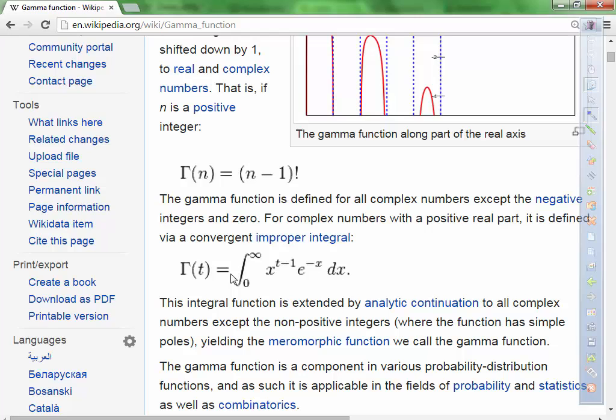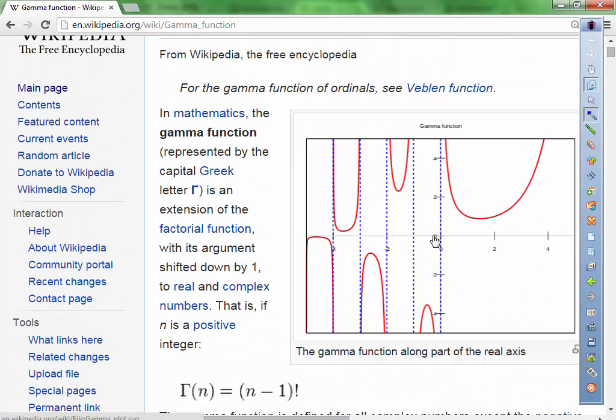Your input here is a number and your output is another number with an x in it. Maybe it's a function. Anyways, this is different from a regular transform, but it's like the function x factorial. If you notice the graph, it's not defined for negative integers because weird things happen there. They go off to infinity. But it is defined for numbers like 1/2.